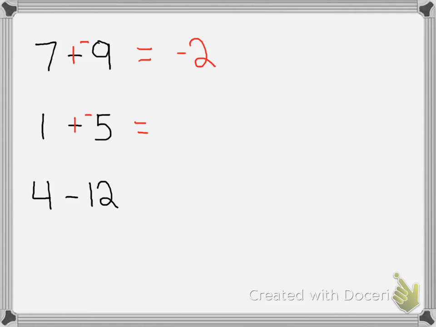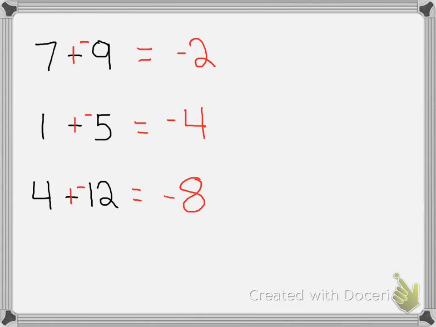The difference between 1 and 5 is 4. And 5 is bigger than 1 because 5 is negative, so I'm going to make my answer negative. And then lastly here I have 4 minus 12, which I'm going to change into 4 plus negative 12. The difference between 4 and 12 is 8. 12 is negative, so my answer will be negative.